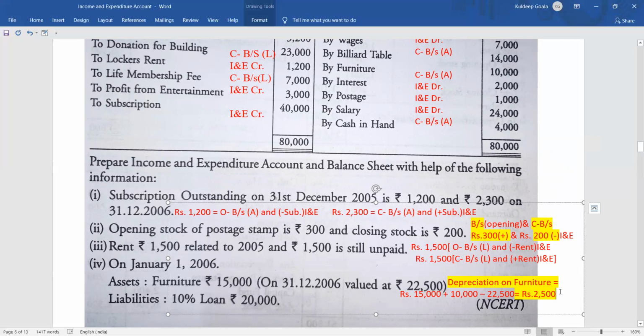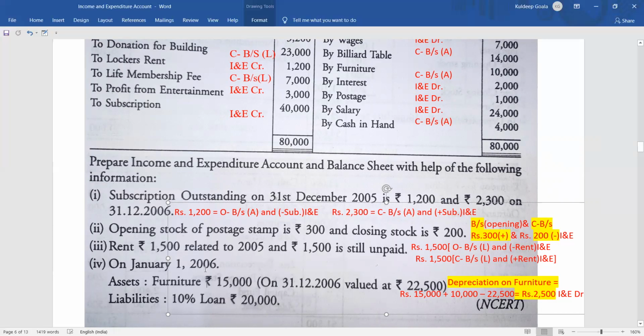Remember that depreciation comes in the income and expenditure account, on the debit side. Clear? Now coming to the second part.